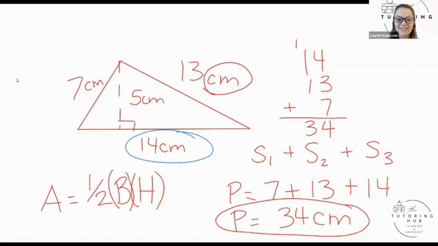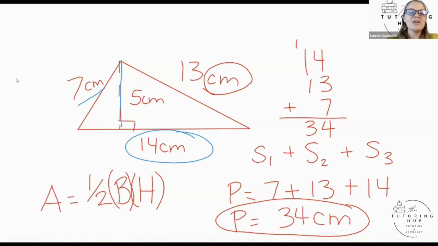So that's our base. Our height, even though it's longer, 7 centimeters, is not our height. It is what creates that right angle from the base all the way to the tallest point of the triangle, which might be smaller than one of the sides' lengths.